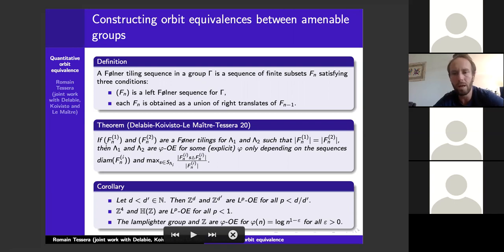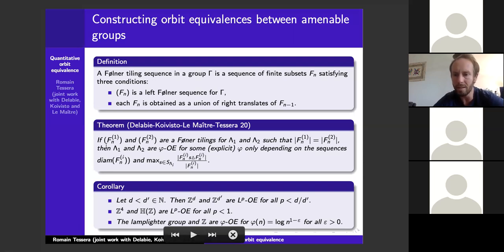So if you can do the same for Z^2, then you're set. You have an orbit equivalence. You can construct two actions precisely, and it's clear that the two actions are orbit equivalent.